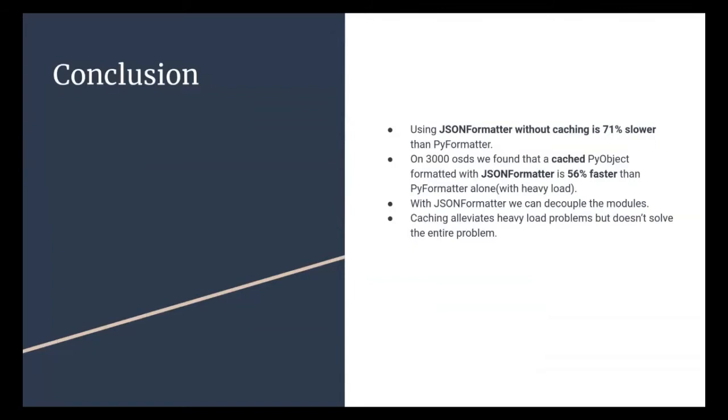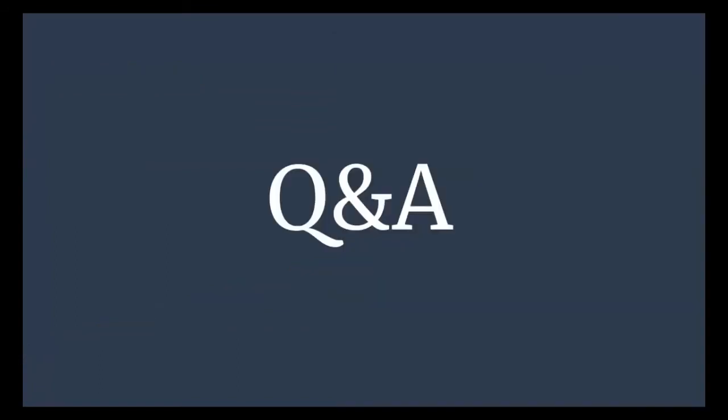And moreover, we can decouple the modules if we use the JSON formatter, for example, as we've seen some problems with sub-interpreters. And to finish, we think that the caching alleviates the heavy load problems, but it doesn't solve the entire problem. So that's basically it. If you have any questions.